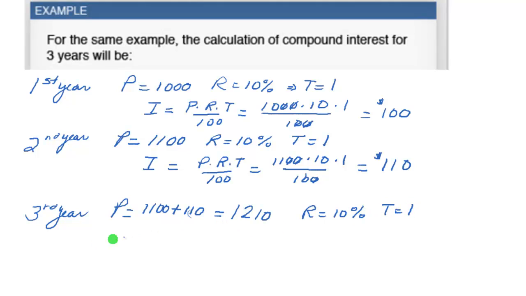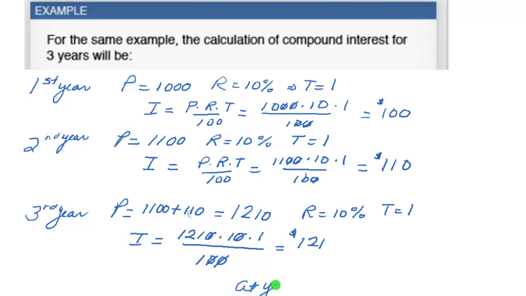So the interest on this third year is principal, which is 1,210, times your rate, which is 10, times your time, which is 1 year, divided by 100. And then you are going to reduce that 10 and this 10. So we have here $121.